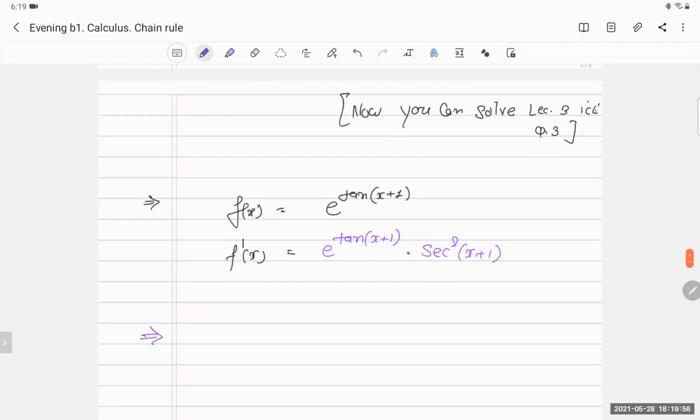Okay, tell me, what is the derivative of this function?